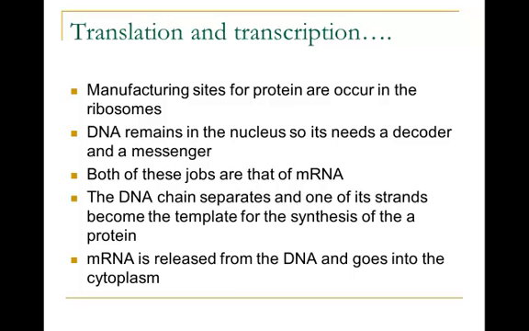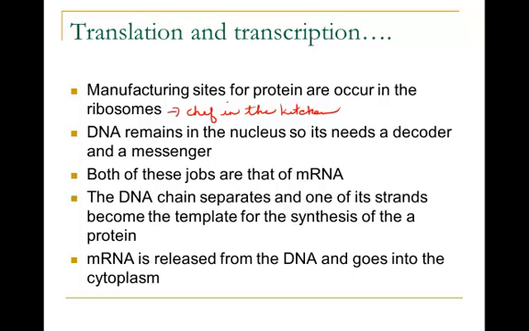Remember that we said the manufacturing sites for protein synthesis are the ribosomes. I like to think of them like a chef in a kitchen. When you see all these kitchen shows on TV, the chef's always shouting orders. So it's the ribosome that says, go get this, go get that, and bring it back to me.